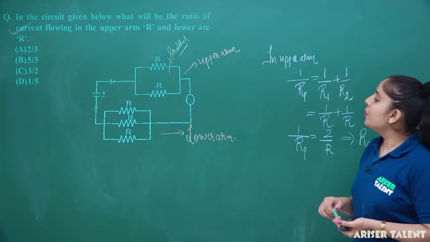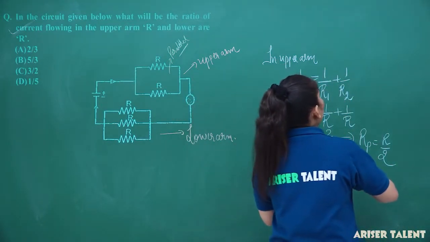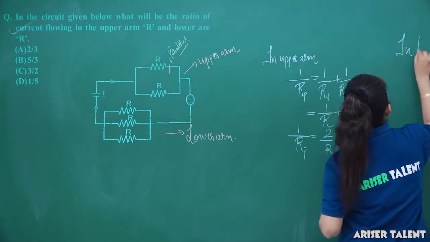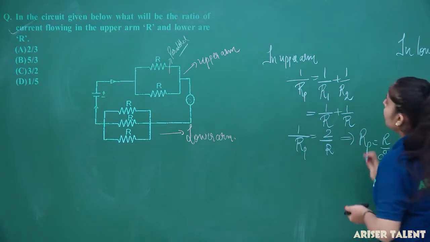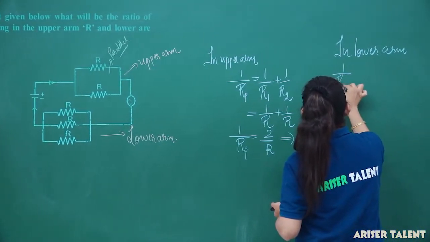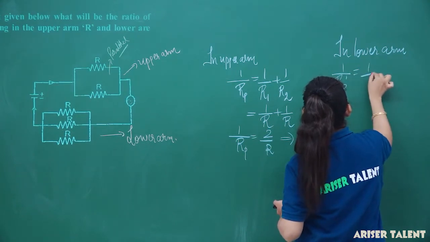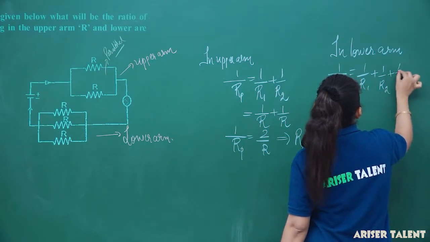In the lower arm, you can see that 3 resistances are connected in parallel. So what I am taking here in case 2 in the lower arm, we have the 3 resistances. So 1 upon RP dash will be equal to 1 upon R1 plus 1 upon R2 plus 1 upon R3.